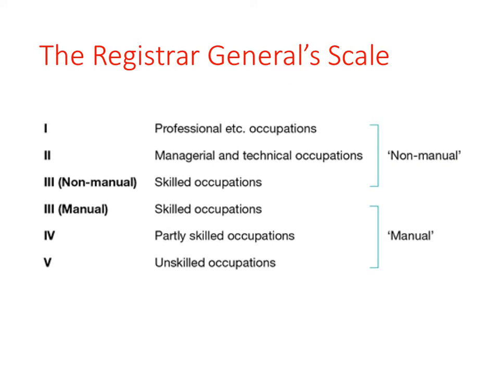As you can see here, in this particular classification system, people are allocated to one of five social classes based on the type of job that they do, with the key distinction being between non-manual work and manual work. Now, there are all kinds of problems with this particular way of classifying social class, and we'll explore some of the major problems with this particular scale in class.